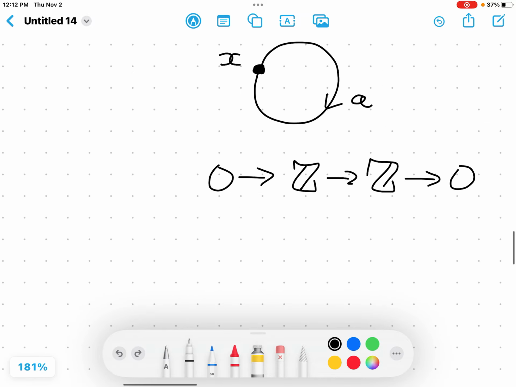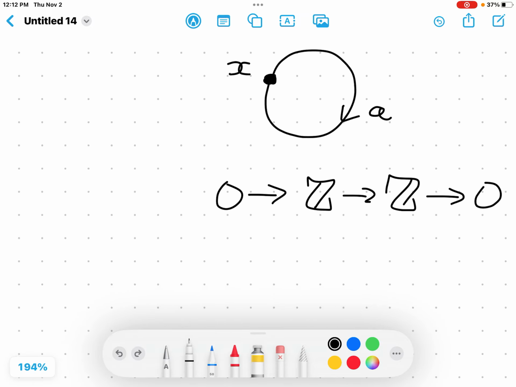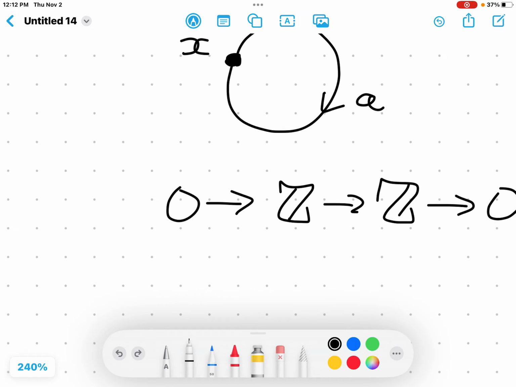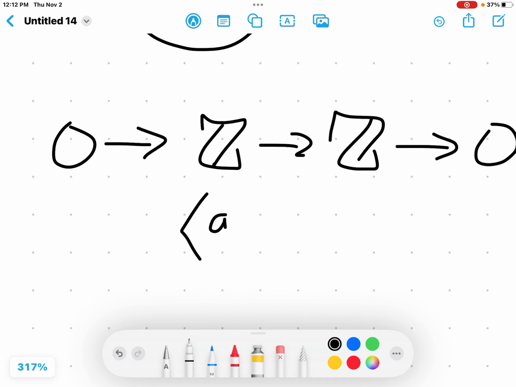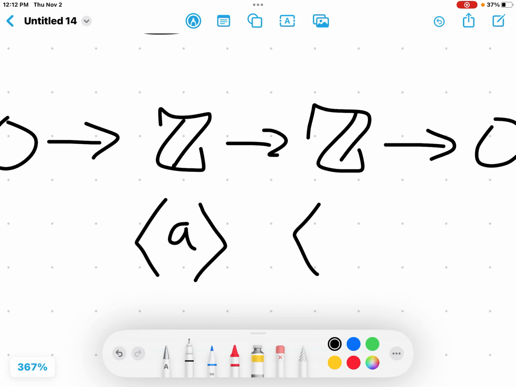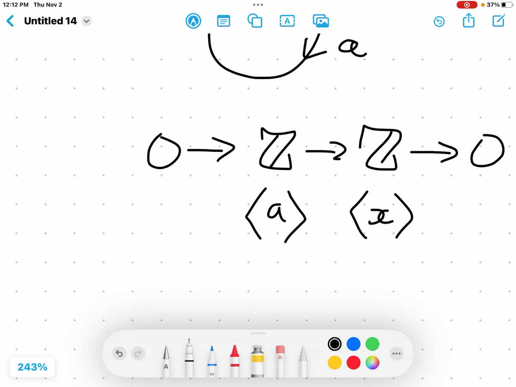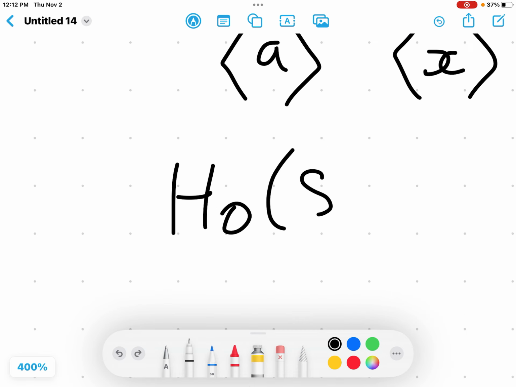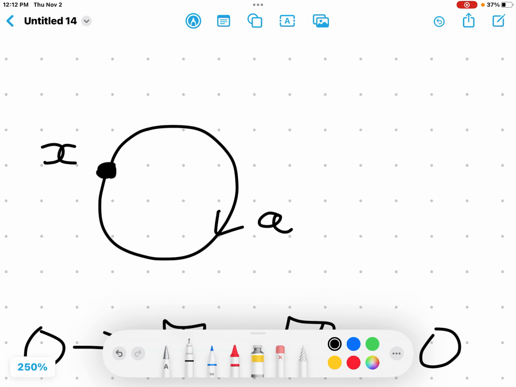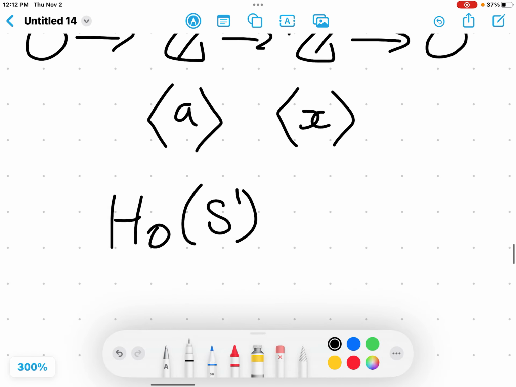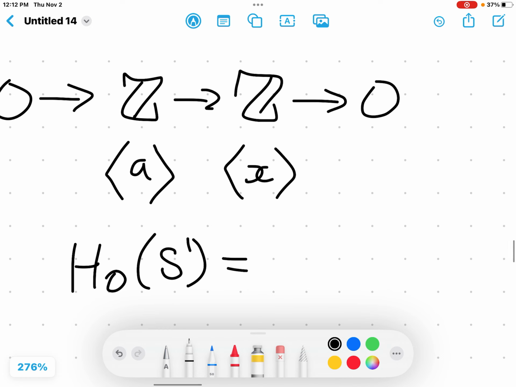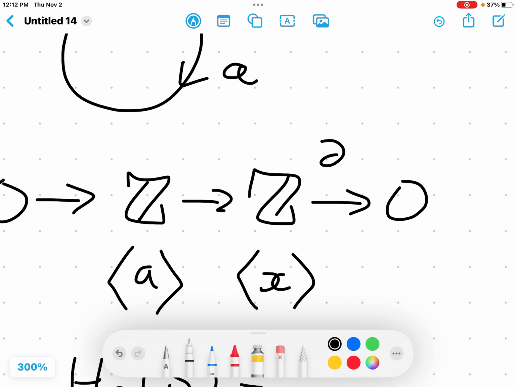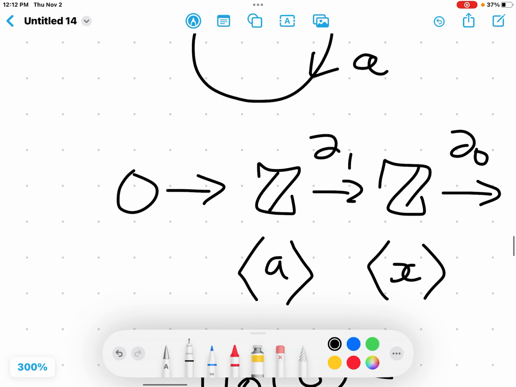Okay. So we have one edge and one vertex. So it's generated by A, it's generated by X, and really we can only compute the first and the zeroth homologies. So the zeroth homology of X, or S1, is the kernel of ∂_0 mod image of ∂_1.